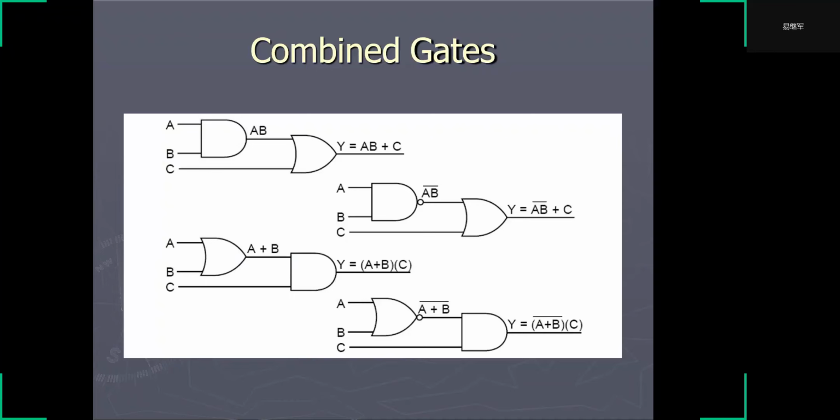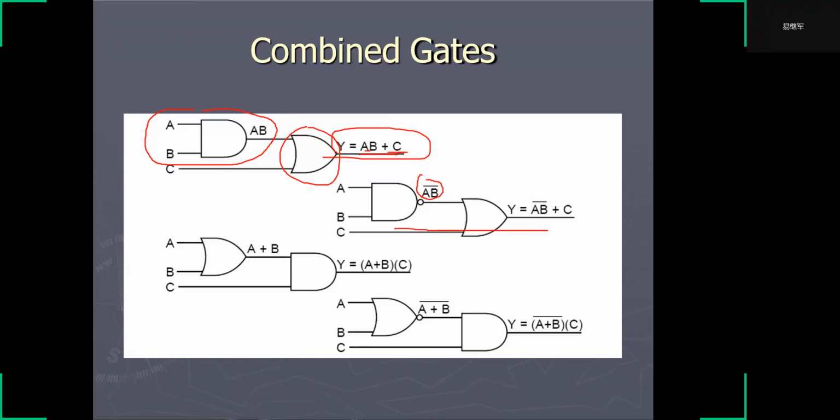We can combine the gates. This is AND-OR: A B add C. This NAND is A B with a bar on top of AB.